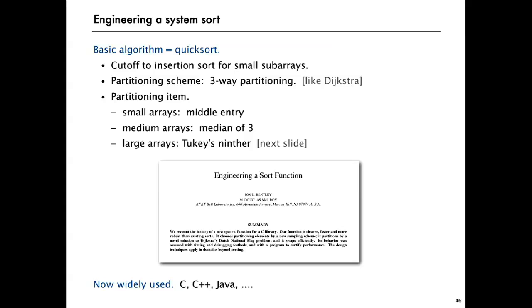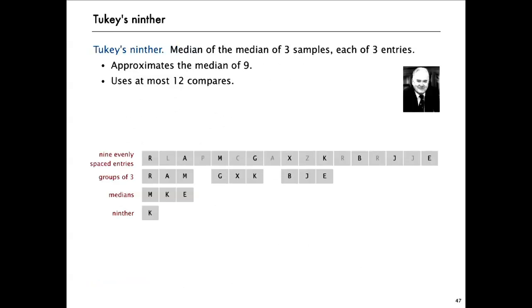Another thing they did was, rather than shuffling the array, they used what's called a method for choosing a partitioning element called Tukey's ninther. Tukey's a statistician, and he had this particular method for order statistics that has some interesting properties, and they used that for the partitioning element. This paper was very influential, and that basic method is widely used.